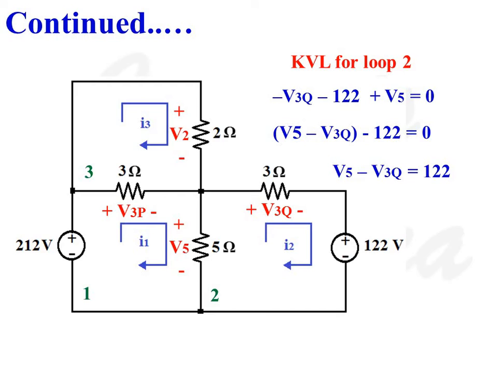So rearranging the terms, we will get V5 minus V3Q minus 122 is equal to 0, or V5 minus V3Q is equal to 122.